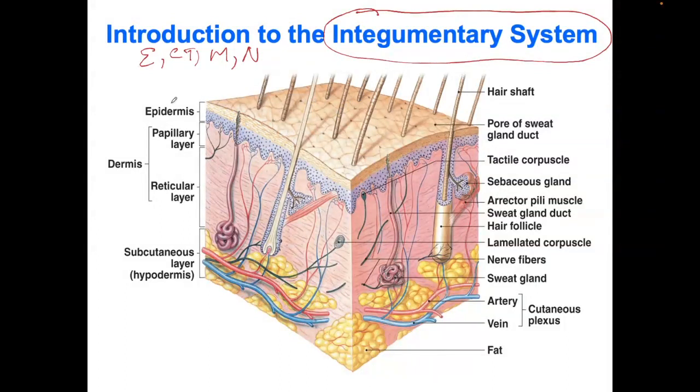So up here in the epidermis, we're going to have epithelium. And then here, you see we have blood vessels. Well, that's connective tissue. Here we have some muscle.